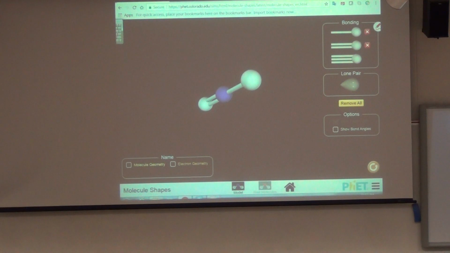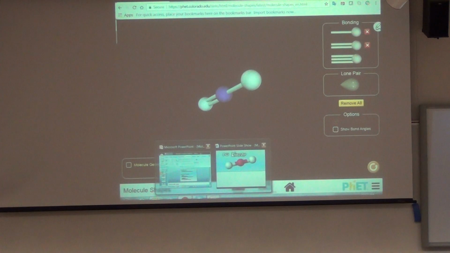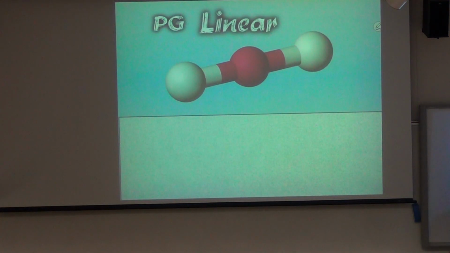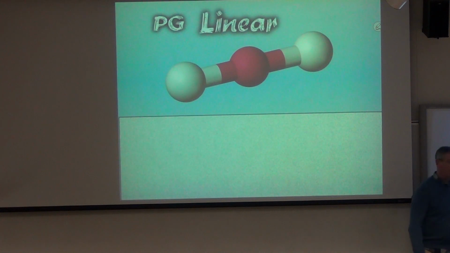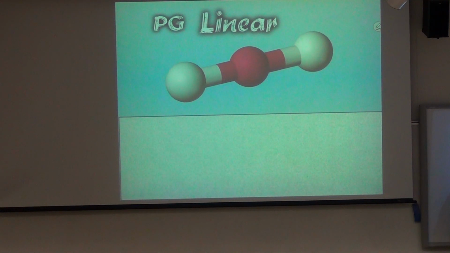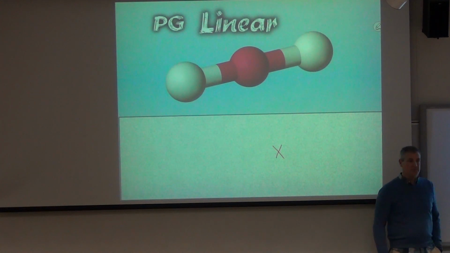So we're going to have 180 degrees in our first shape. Parent geometry is linear. This is going to be such a simple little diagram. We are always going to represent X as our central atom.